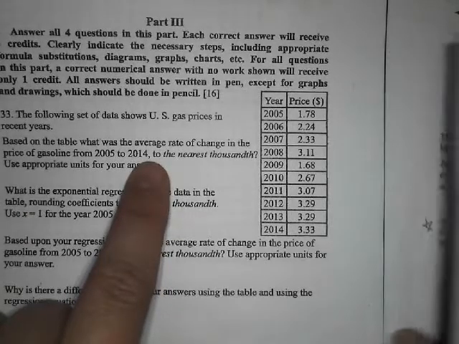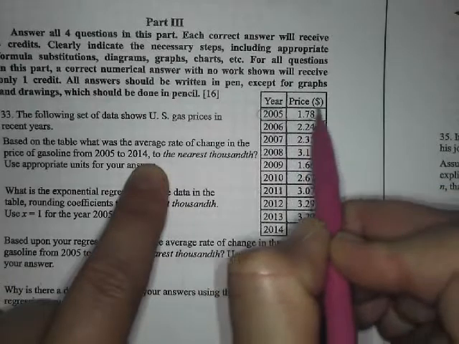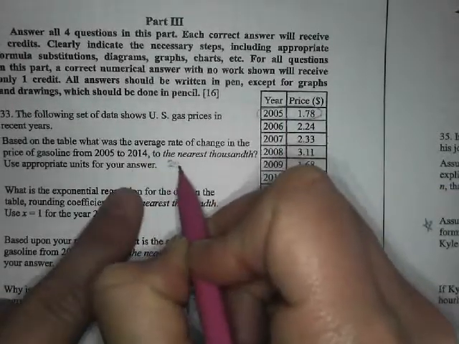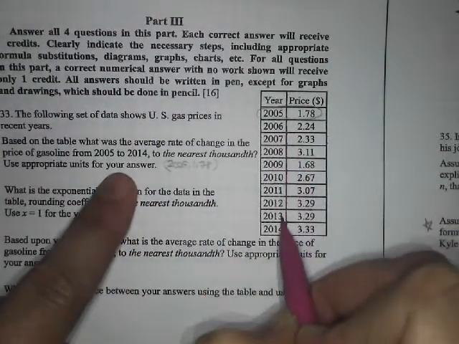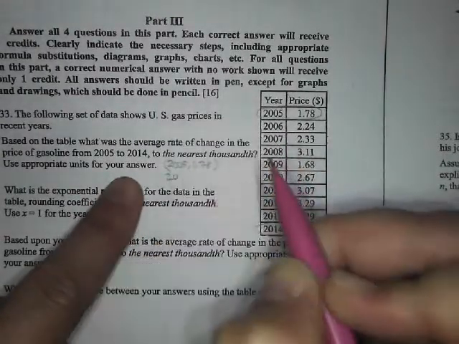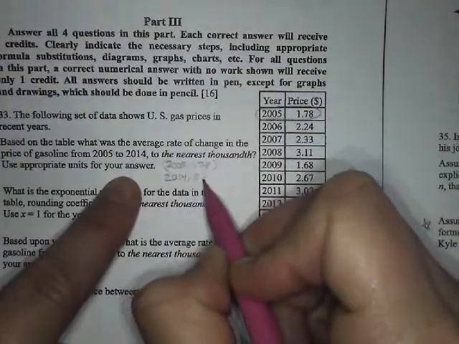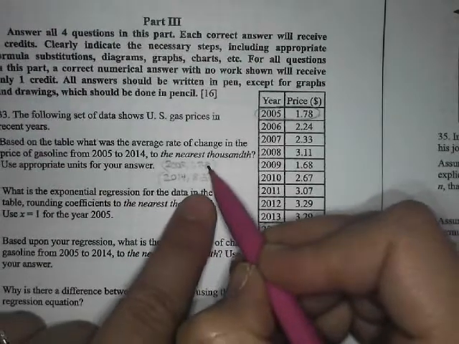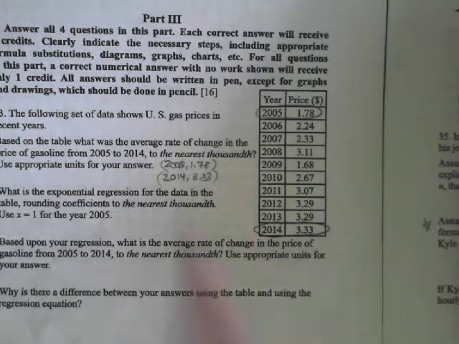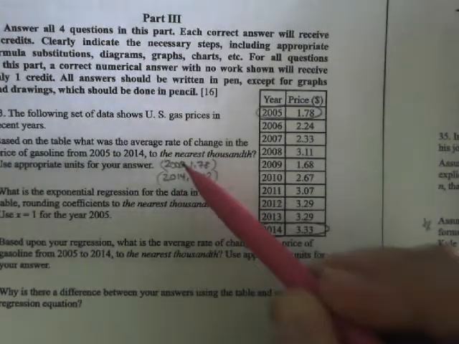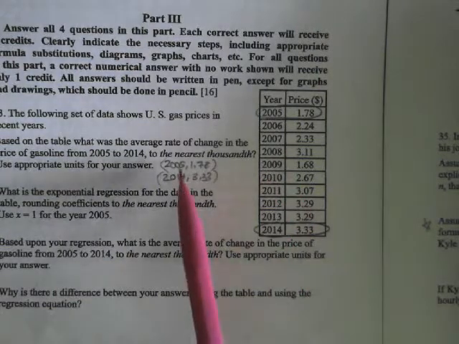That's going to be your slope formula between 2005, 1.78, and 2014, 3.33. And this is before they told us to use 1 for 2005, and that shouldn't be a problem, because when you do y2 minus y1, you're going to get the same number regardless. And when you do 2014 minus 2005, you're going to get 9 regardless of whether you treat that as 1 and 10 or 2005 and 2014.